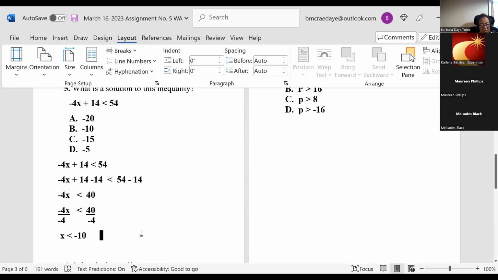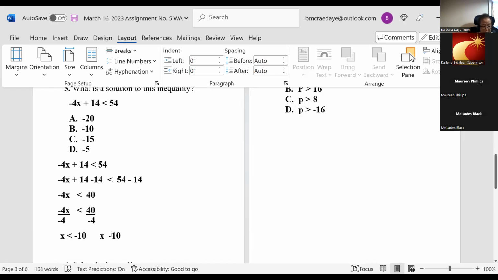We flip the sign, reverse the sign. So this would really be x, and this would become greater than rather than less than.